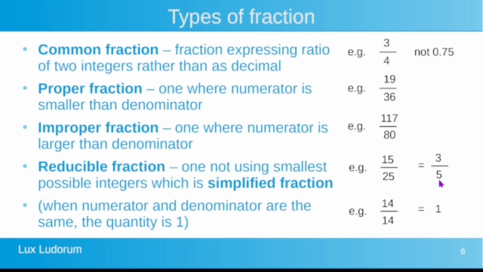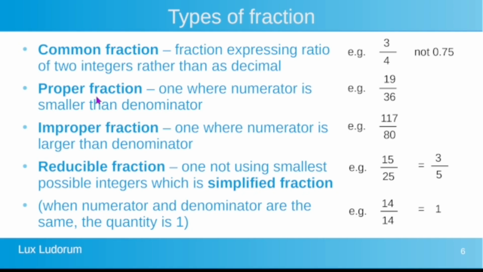It can be written as 3/5. We'll look at how to do that in a minute. But this 15 over 25 is a reducible fraction, and it can be simplified to 3 over 5, which is a simplified fraction. This can't be simplified further. If it could be, it would be a reducible, not a simplified fraction.